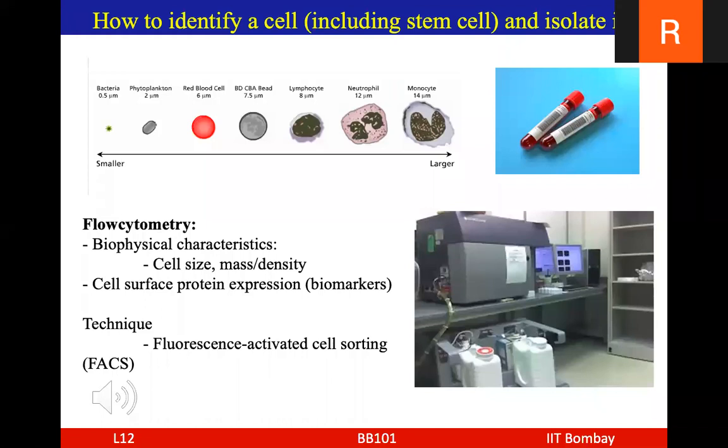So it combines the biophysical aspect of the cell, by which I mean cell size, mass, and density, as well as the cell surface protein expression, which are biomarkers, right? This technique is very unique in quantifying and identifying various different types of cells.